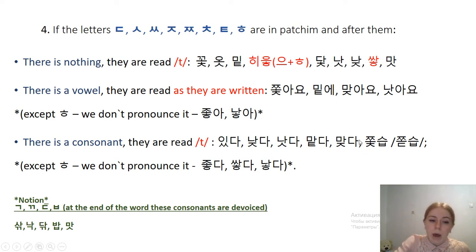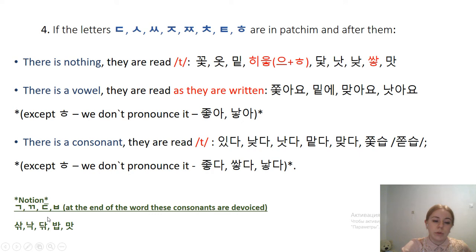But we don't pronounce these like t if there is again our exception h. So we have chotta, sata, natta, again without the letter h. Chota, sada, nata.